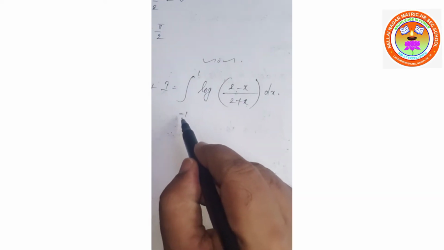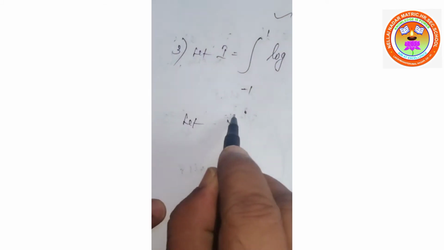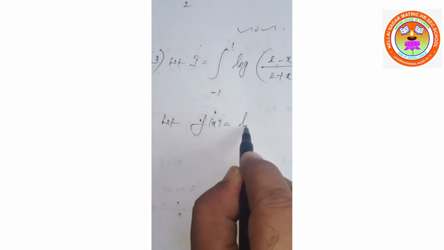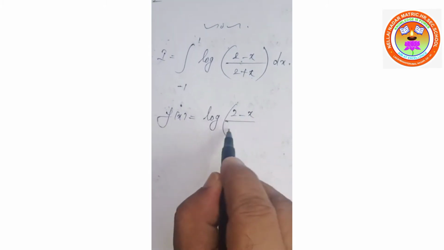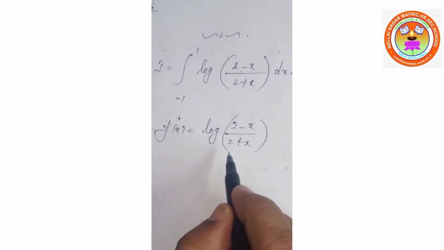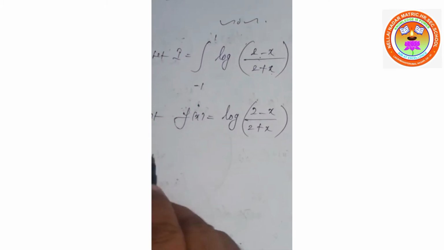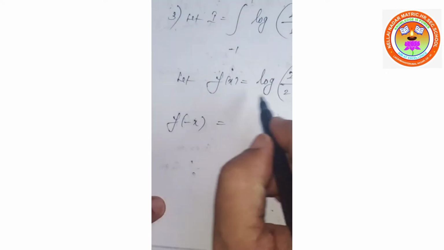Again, what form is it? Minus a to plus a f of x dx. So let f of x equal log of (2 minus x) divided by (2 plus x). We have to verify whether the given function is an odd function or an even function. So we take f of minus x. Replace x by minus x.